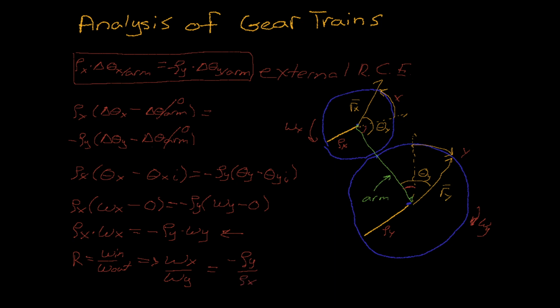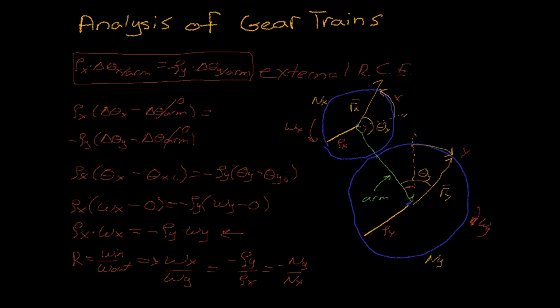And if we know the number of gear teeth on x, we'll call that nx, and the number of gear teeth on y, we'll call that ny. Oftentimes we'll just write this equation in terms of the gear teeth because the number of teeth is proportional to the radius of the gear. So we can say ny over nx. That's it.